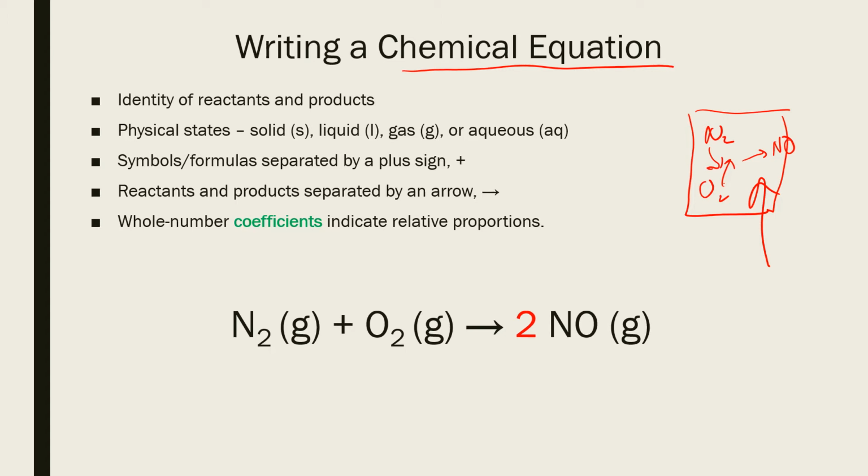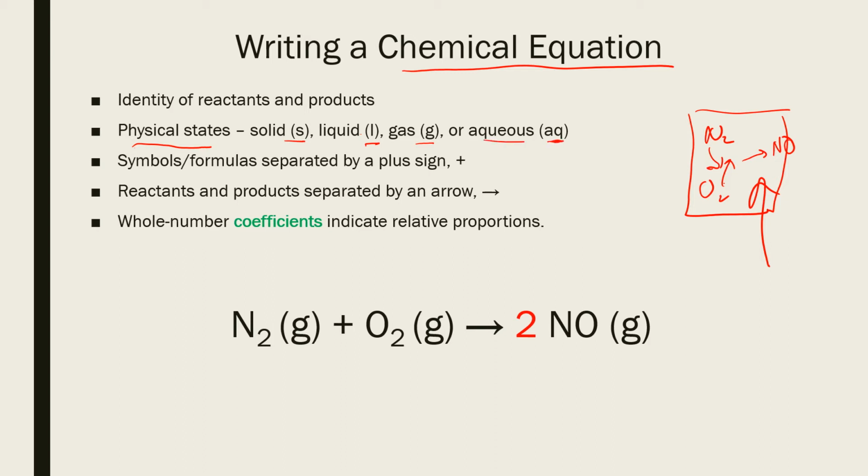A chemical equation will identify the reactants and products as well as their relative proportions, and some other relevant information is also given in the equation, for example, their physical states, whether they are solids, liquids or gases. If our reactants are dissolved in water, we use the symbol aq.